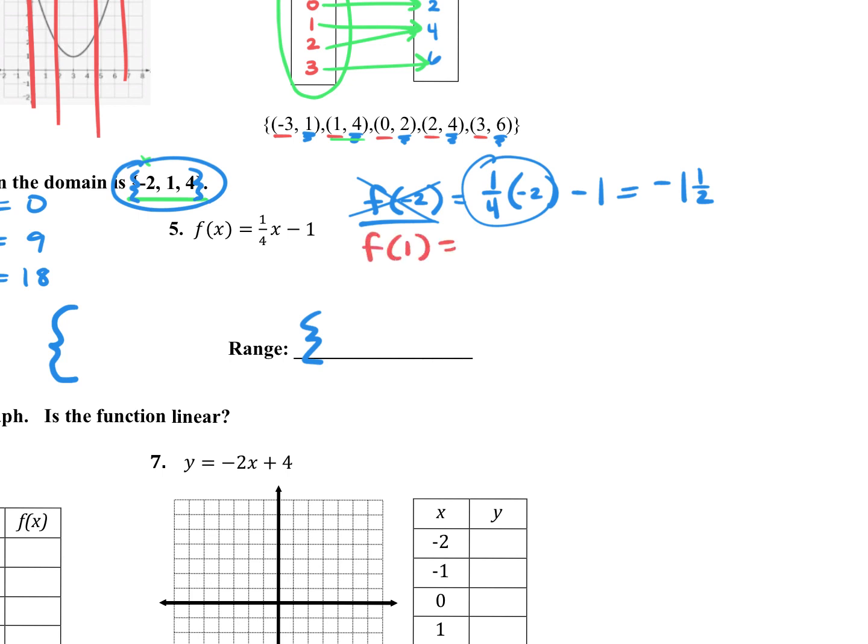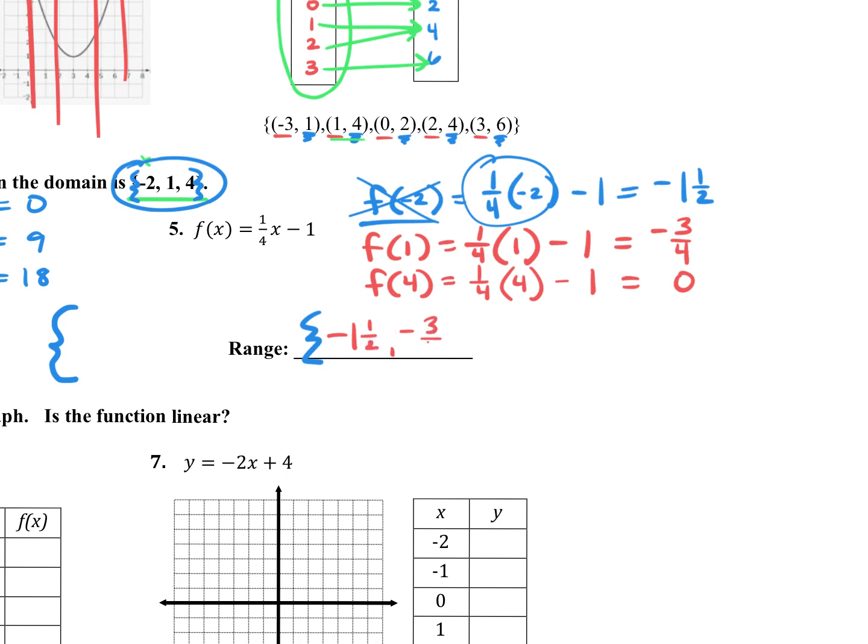Plugging in a 1 would be 1/4 times 1 minus 1. So that's 1/4 minus 1 is a negative 3/4. And then the last one, f of 4, is 1/4 times 4 minus 1. So 1 minus 1 is 0. So you have a negative 1 1/2, a negative 3/4, and 0.